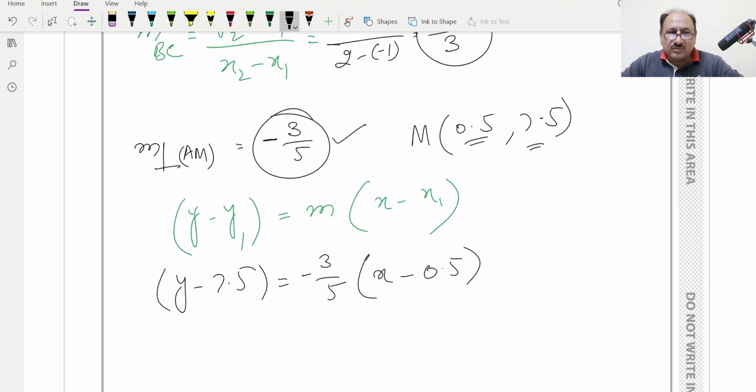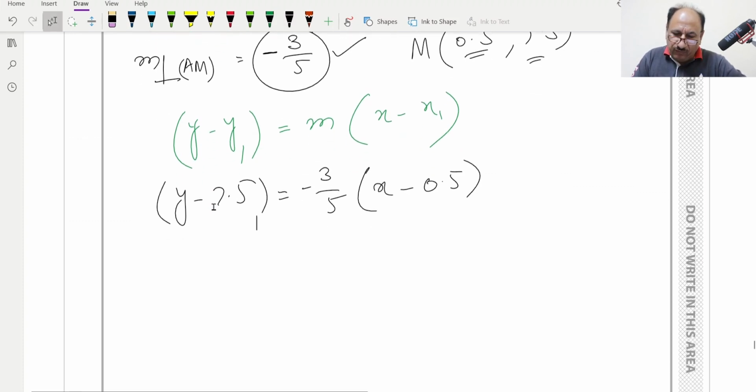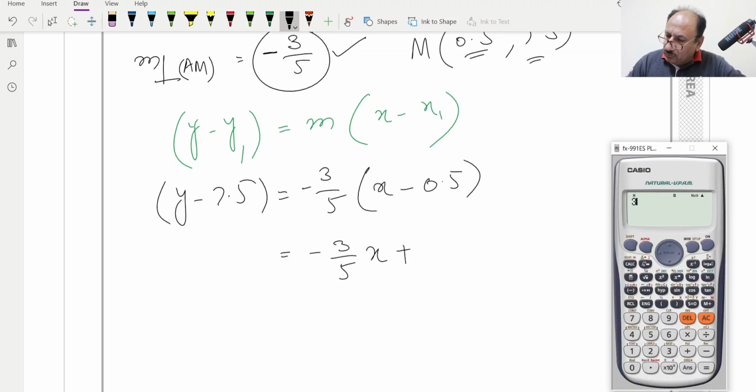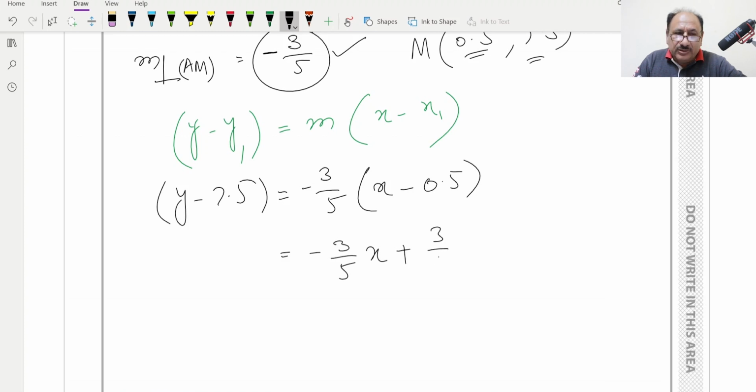Further we have to just write in y is equal to mx plus c format. So we can open this bracket, so this will be minus 3 over 5x, and plus 3 over 5 multiplied by 0.5, which is 3 by 10.